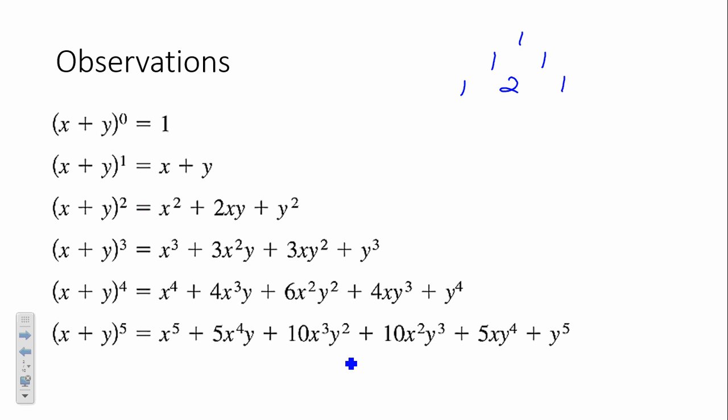Coefficients of our third term, to the third power, are 1, 3, 3, and 1. Then we get 1, 4, 6, 4, 1. And then in this x plus y to the fifth power, we have a 1, 5, 10, 10, 5, 1.